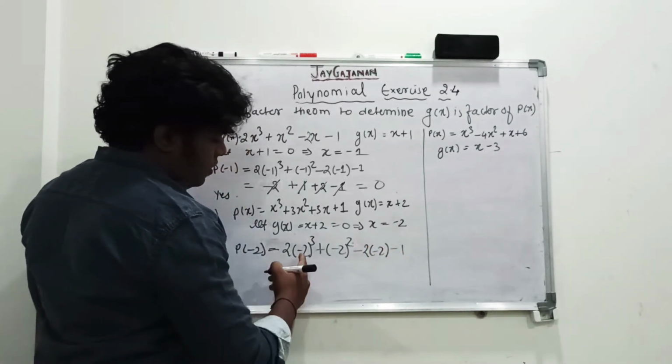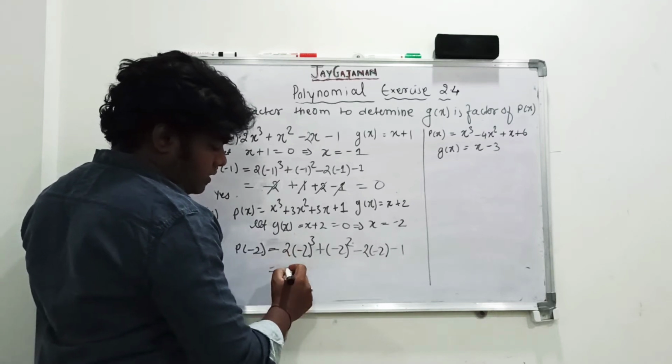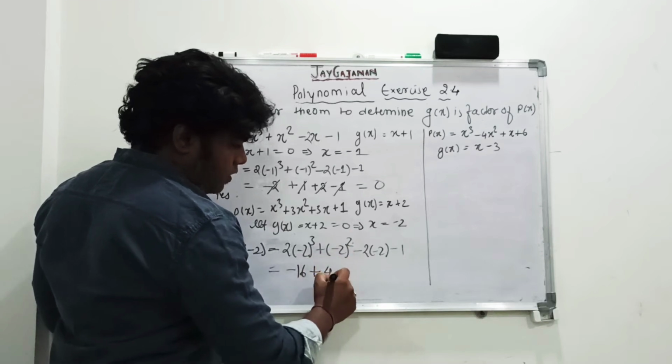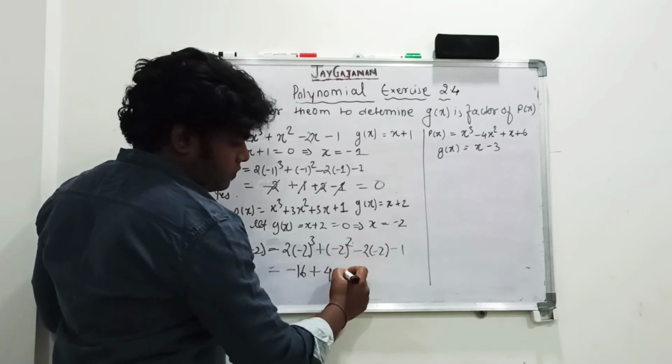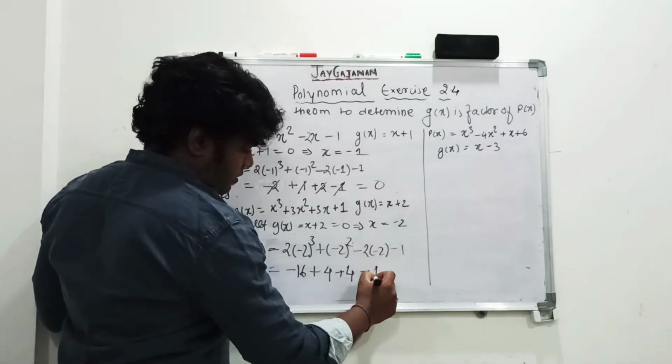This will give you 2 cube is 8, but the minus sign will be there. Minus 8 2s are 16, minus 16 plus 2 square is 4. Minus 2 minus 4 plus 4 minus 1.